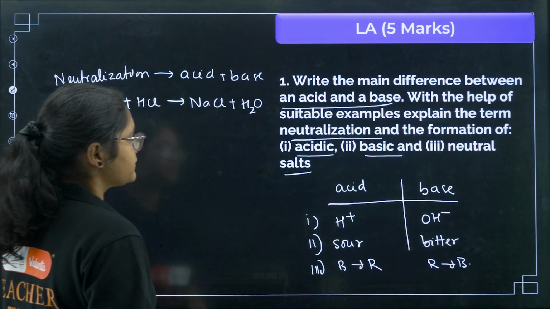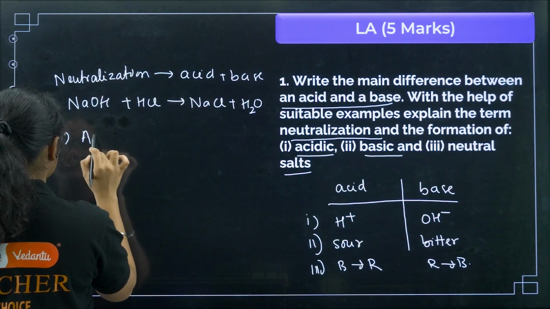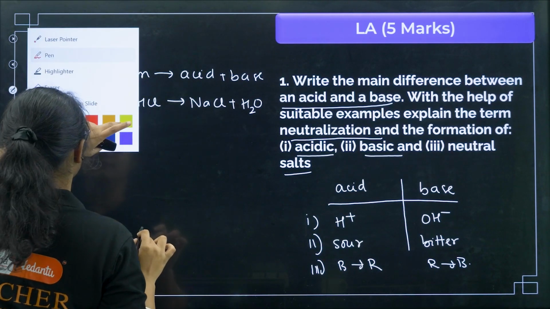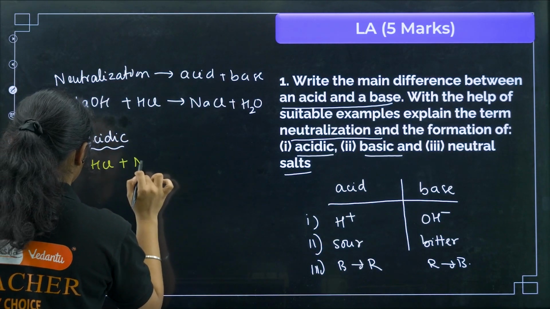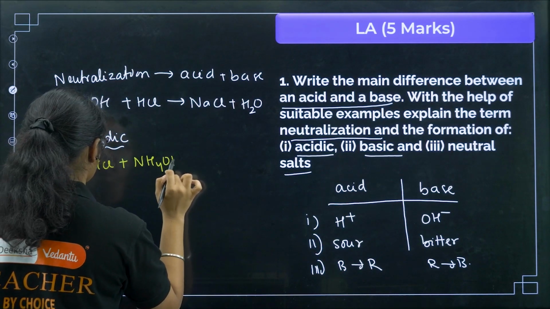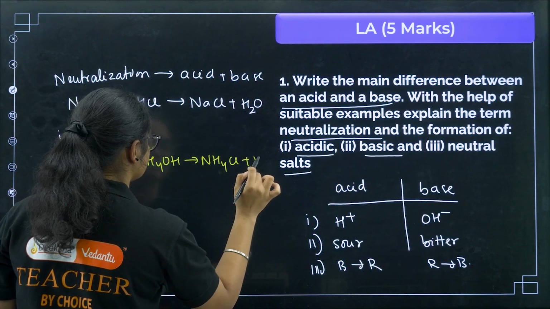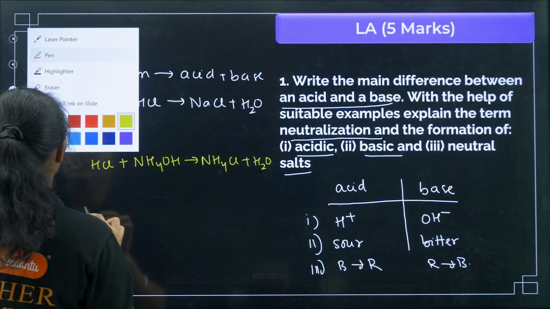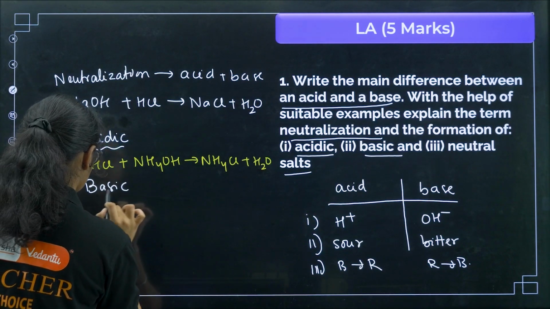Next question is asking formation of acidic salt. So if you want to write acidic salt, you should take strong acid and weak base, right? Strong acid, I can say HCl, and weak base is like NH4OH, and these two will combine to give you NH4Cl plus H2O.